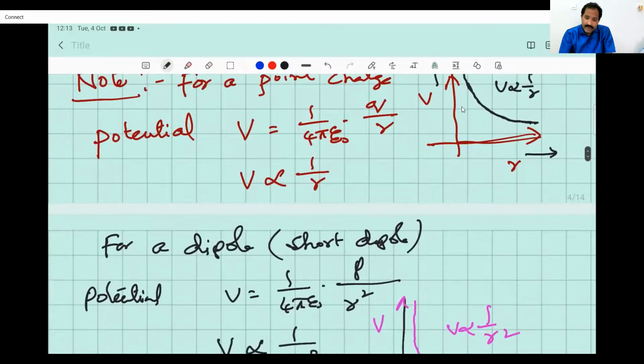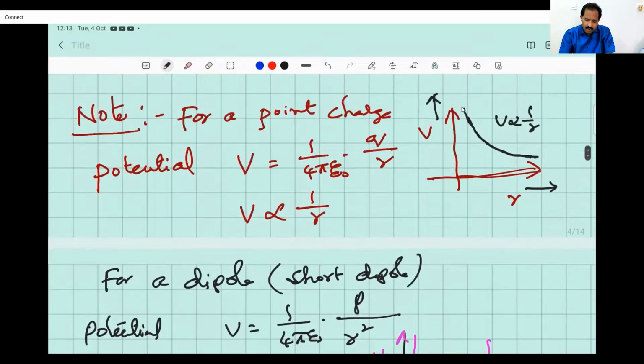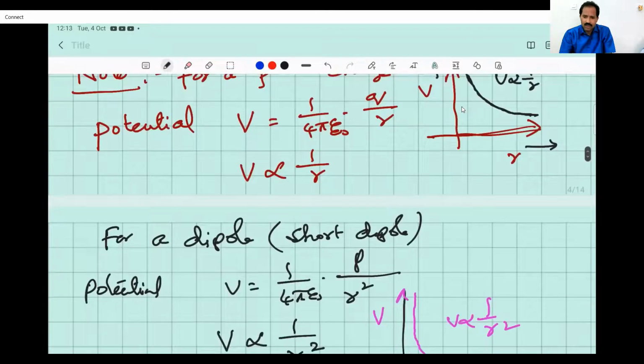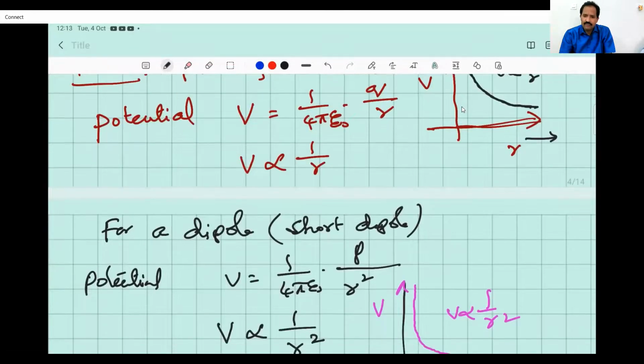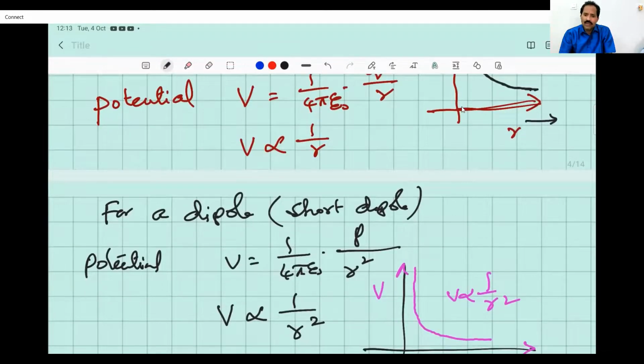Now what I said was for a point charge. Now I will tell you for a dipole. For a dipole, take a short dipole. The potential formula is V is equal to 1 by 4 pi epsilon naught into P by R square. Of course, this point lies on the axis of the dipole. So how does V depend on R now? V is proportional to 1 by R square.